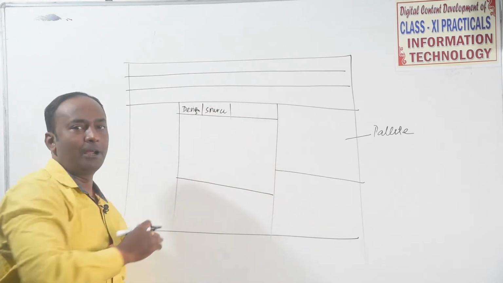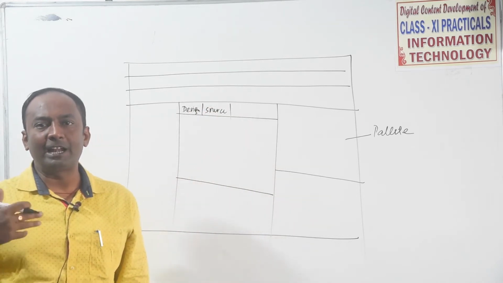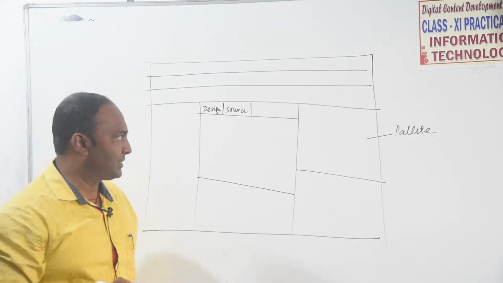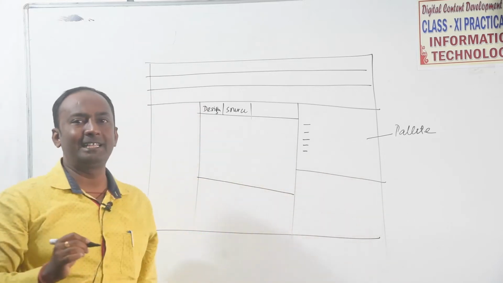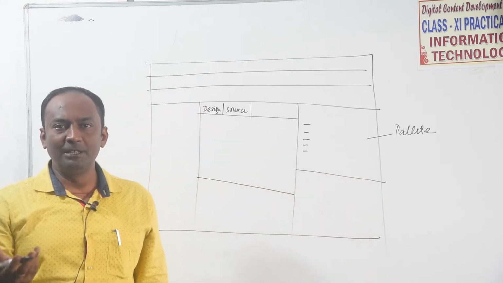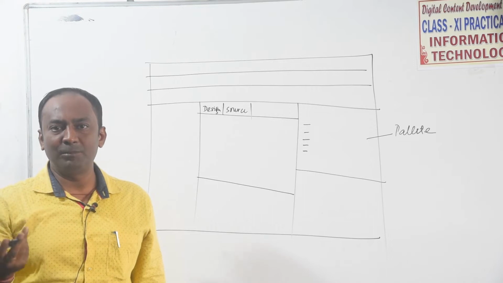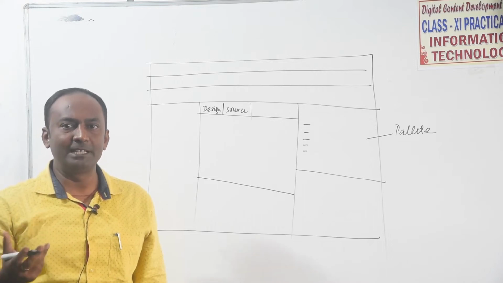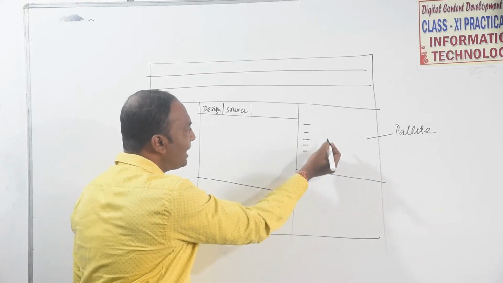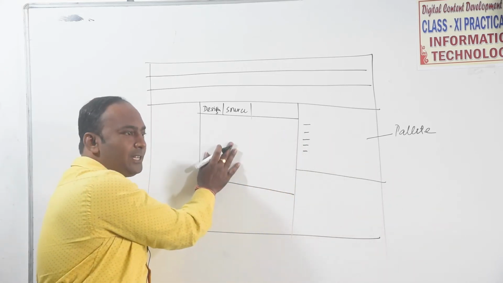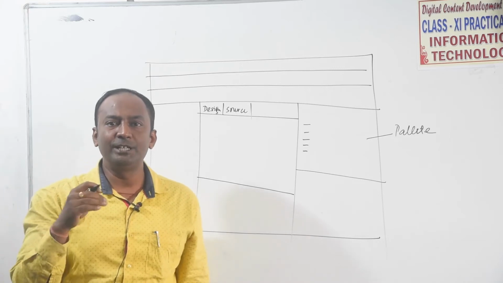On this window, I have to create the design and write the coding of the Java programming language. The palette window consists of different GUI components like labels, text field controls, checkbox controls, radio button controls, buttons, reset buttons. All those controls are present in this palette window, which are to be dragged and dropped on this design area to create the design.